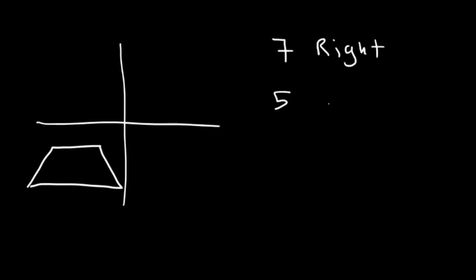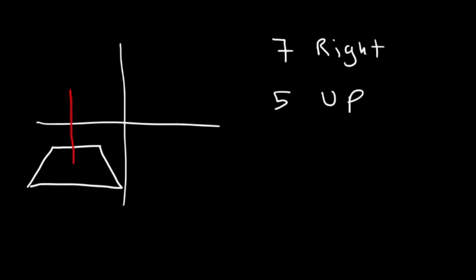Now let's say you have a figure in quadrant 3, and we wish to translate the graph 7 units to the right and 5 units up.